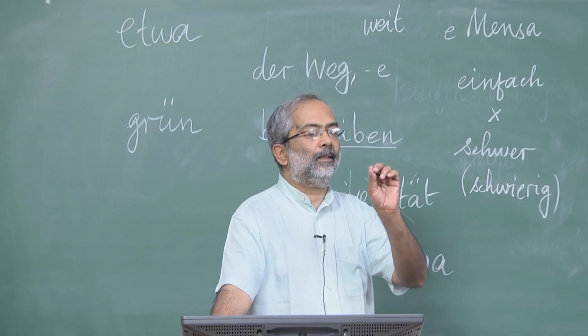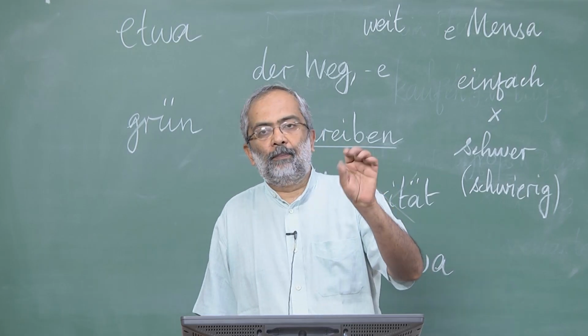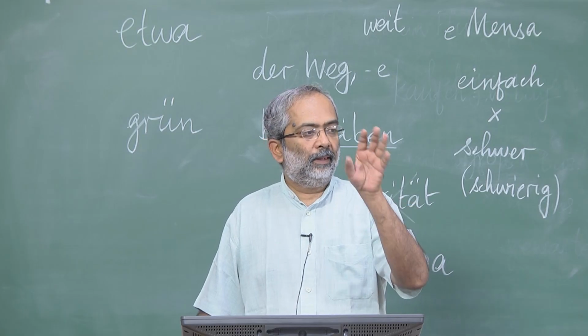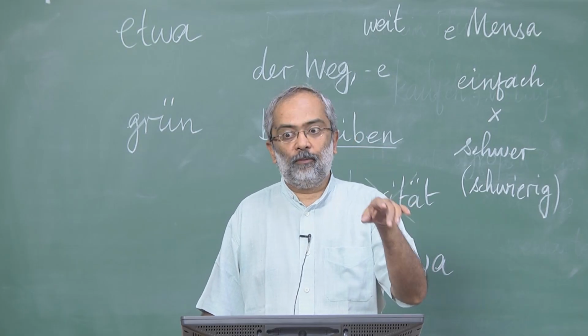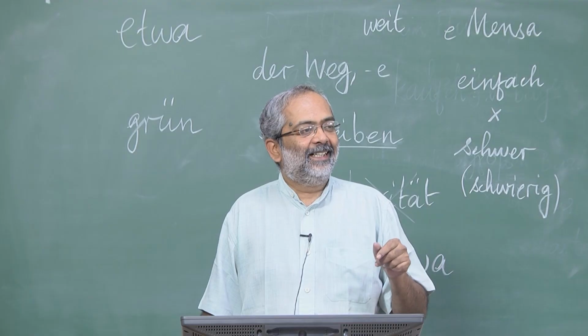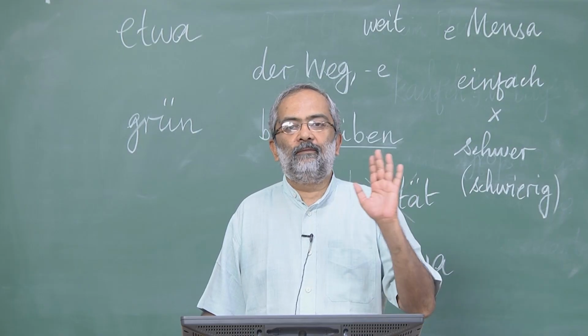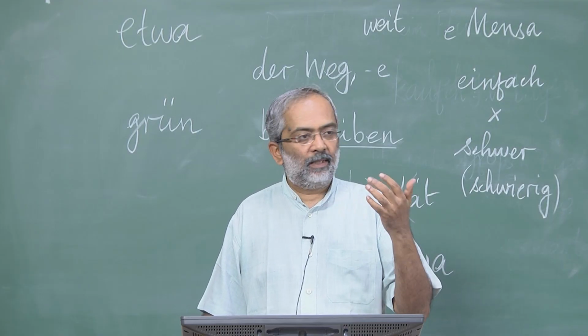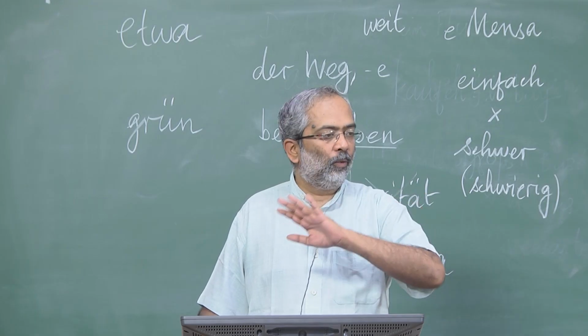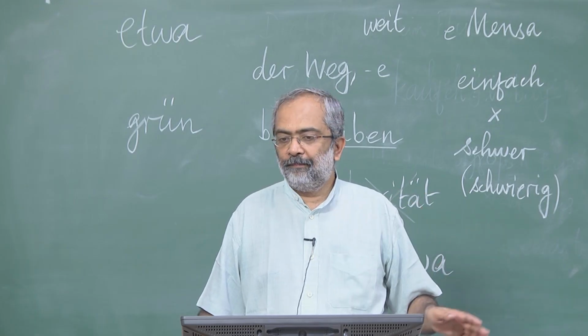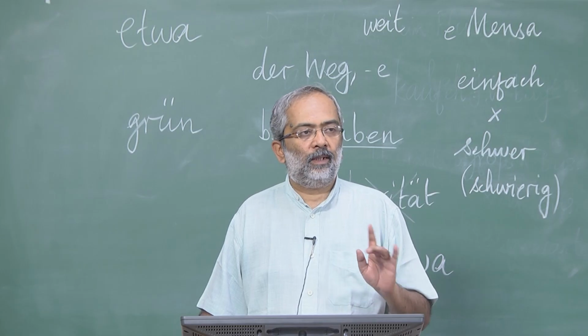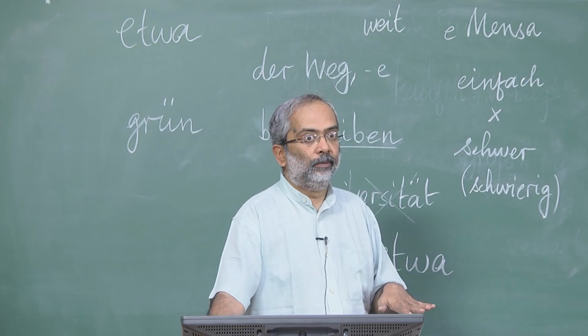Take a couple of minutes and take your pens in your hand and make a list of all the verbs that you know. Let's see how many we have without looking in the book, without looking anywhere. Make a list of all the verbs that you know in German.